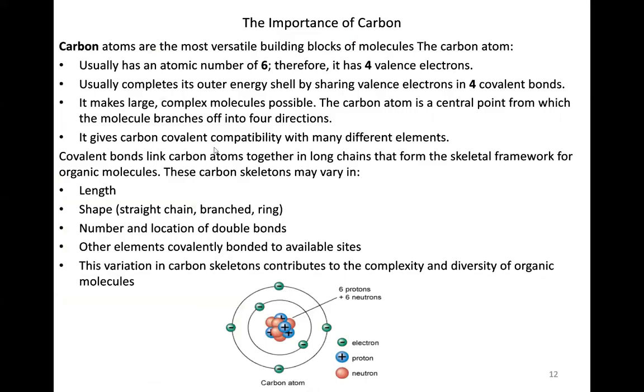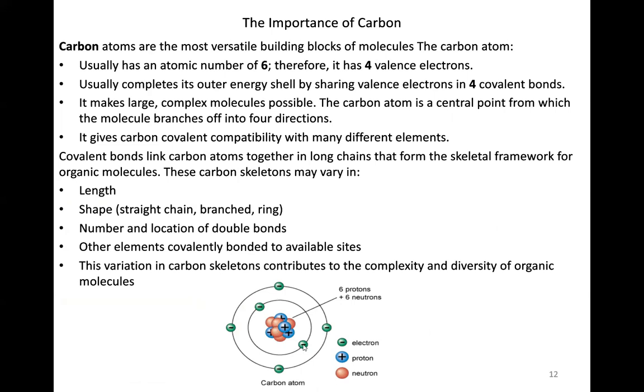Now, I'm going to jump ahead a couple slides and explain why carbon is the backbone. It is the most versatile building block of our organic molecules, compounds, whatever you want to say, because it has an atomic number of 6.